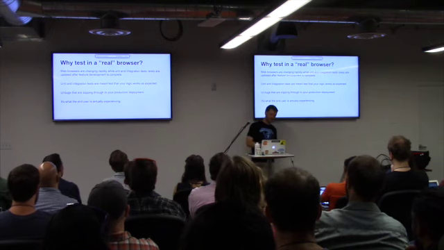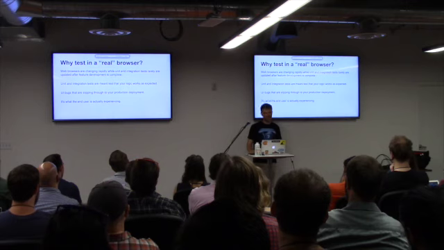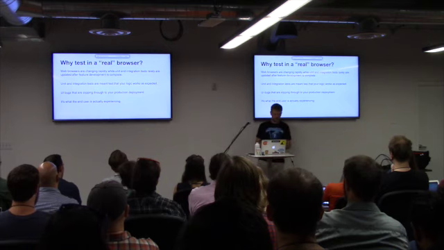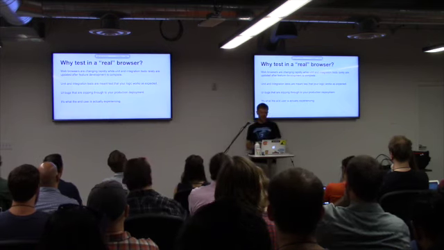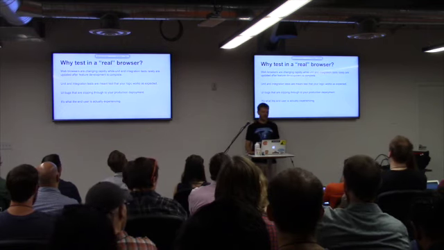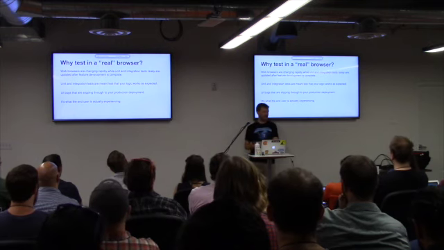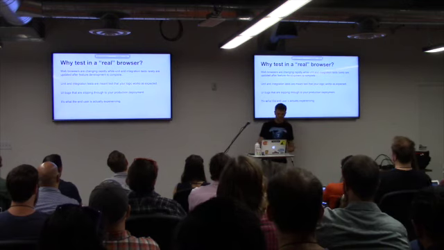And I put real here in quotation marks because testing in the real browser is very time consuming, but you can spin up emulators and virtual machines to get that real browser experience, right? Web browsers are changing so rapidly that unit tests and integration tests can't ensure that your features are going to render exactly as the designers have designed that feature, right?